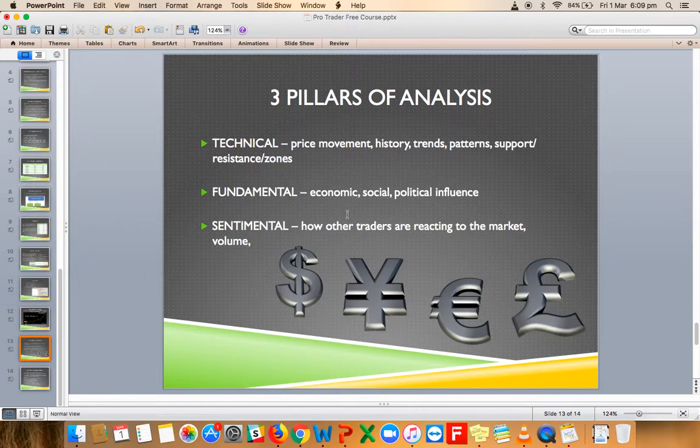Now we have sentimental analysis. This is how other traders are reacting to the market. It's driven by feelings and emotions, how they feel about the market, a particular currency, a particular country, a particular region.